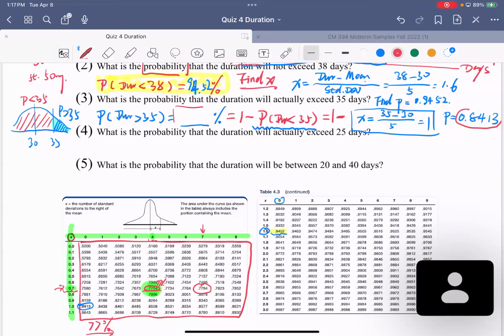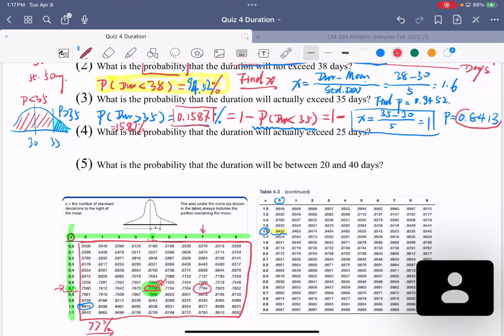Then you have the number for here as 1 minus 0.8413, you get 0.1587, which is equal to 15.87 percent. You got it, this one? Yeah. Okay, cool.